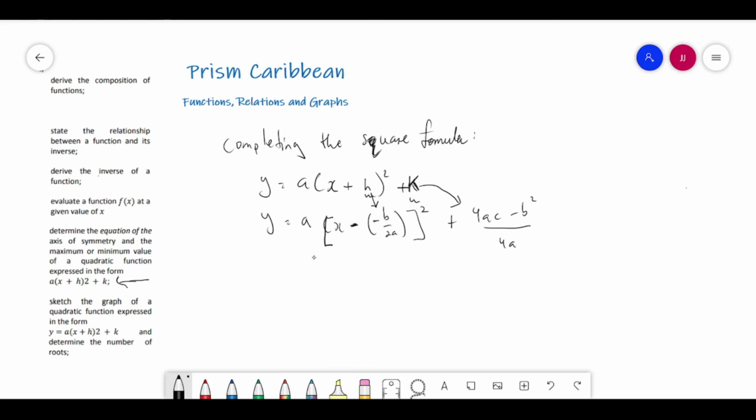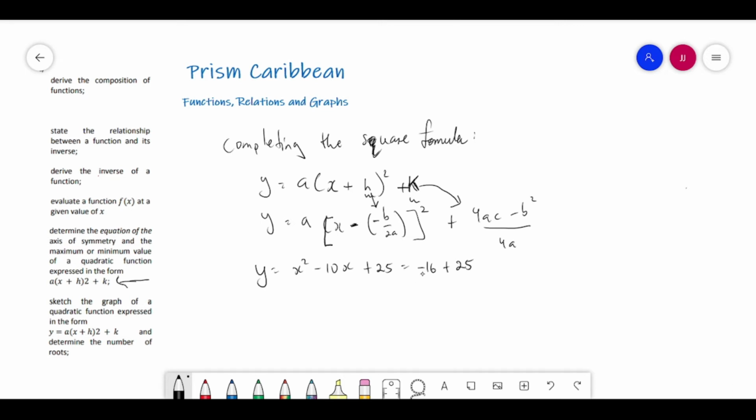So let's say we have a question with y is equal to x squared minus 10x plus 25 is equal to minus 16 plus 25.